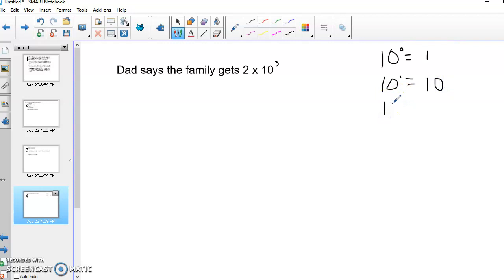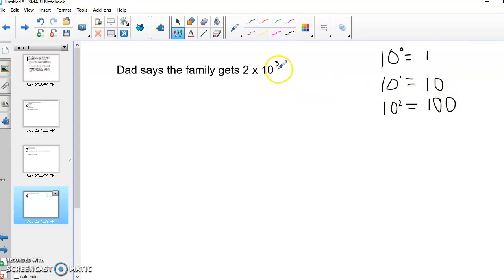And 10 to the power of 2 is equal to, yes, you're right, 100. So notice for each power of 10, we're adding on that many zeros that the exponent tells us to add on to the number 1. So 10 to the power of 2 is equal to 100.